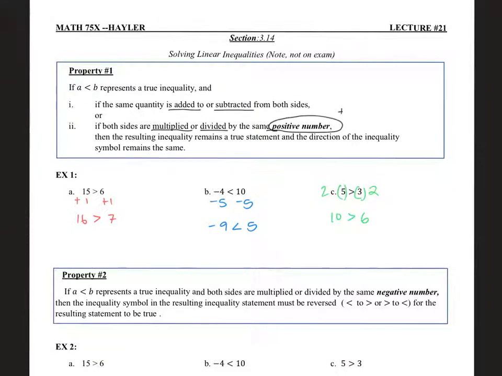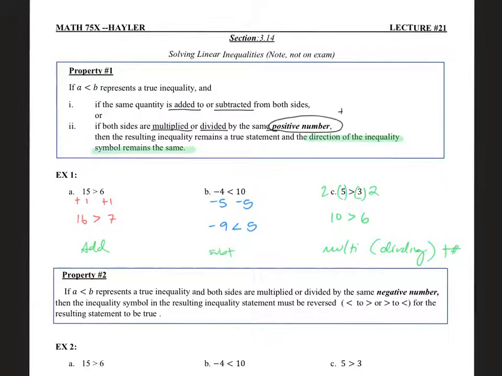Is 10 greater than 6? Yeah. So what we learn is if we're adding, subtracting, or multiplying, and this also goes with dividing, by a positive number, in any one of these cases, the sign of my inequality remains the same.